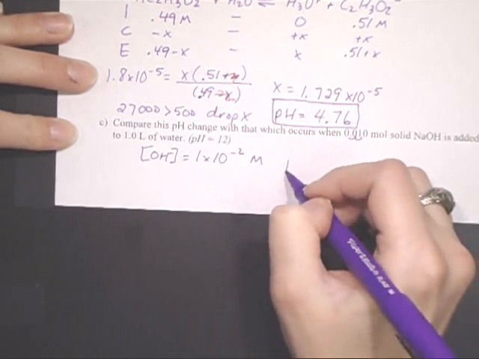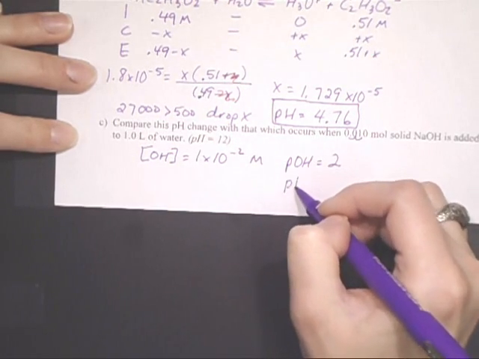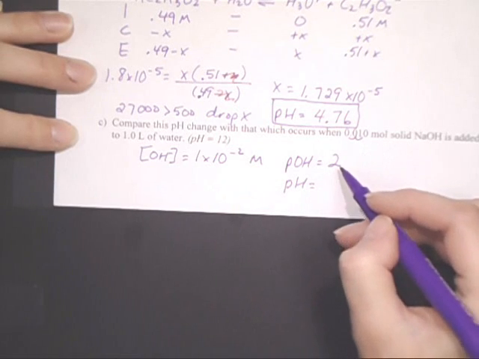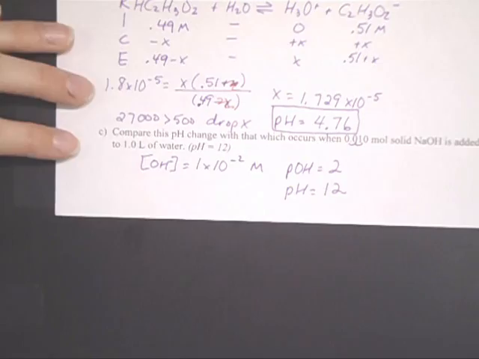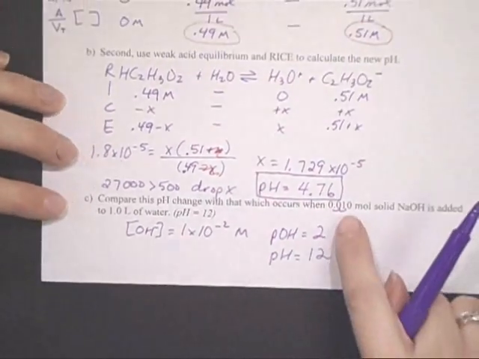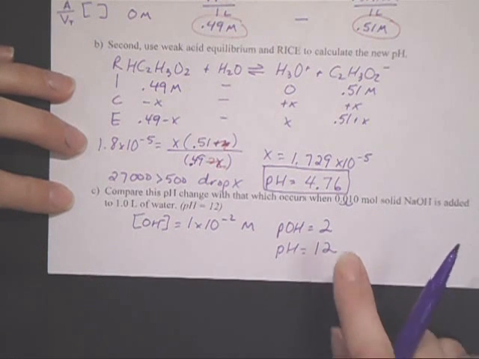So that means that the pOH is equal to 2. And then the pH is 14 minus the pOH, so the pH is equal to 12. So you can see that even though that was not a lot of NaOH, it has a considerable effect on the overall pH of the system.